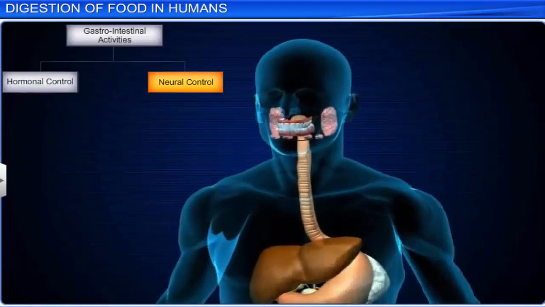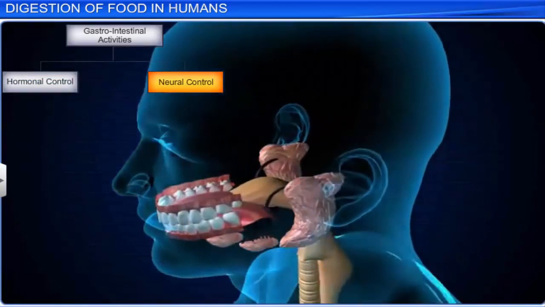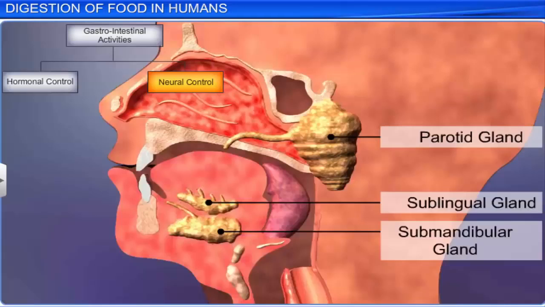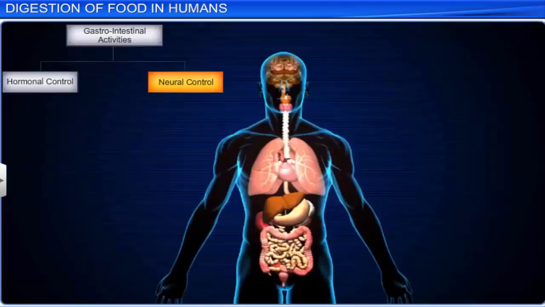On the other hand, the sight, smell or presence of food in the oral cavity leads to saliva secretion. Similarly, gastric and intestinal secretions such as pepsin and hydrochloric acid are also stimulated by neural signals.